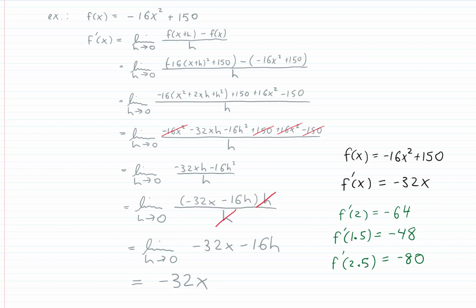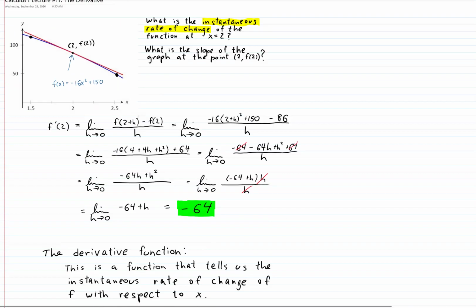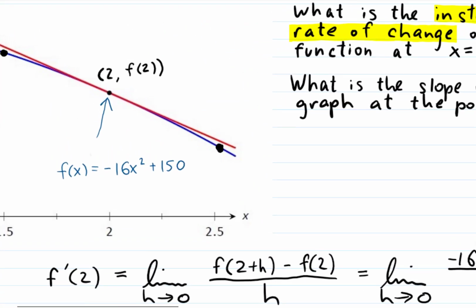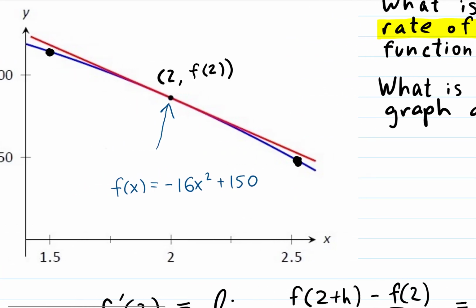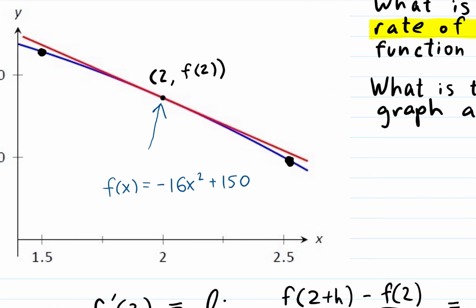So if you look back at our original picture, let's zoom in on this. At this point right here, the function is decreasing at a rate of 64 vertical units for each horizontal unit. It doesn't look that steep, does it?